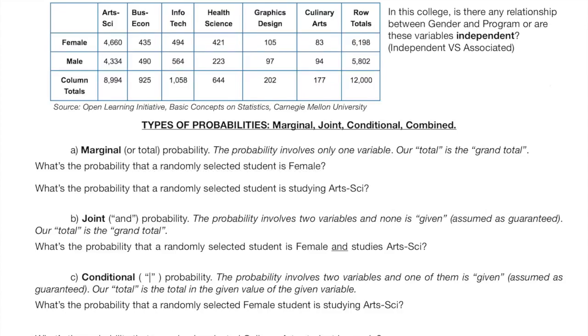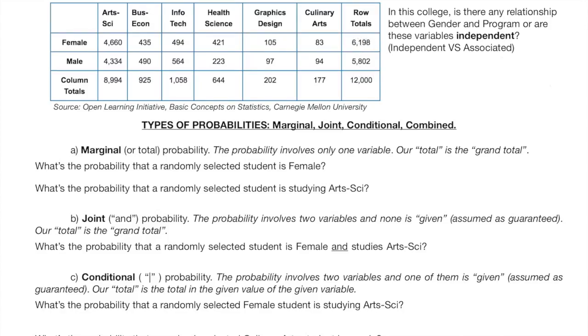Here you may think it depends on the program. There is one probability in art science, there is another in business economy, and so on. This is true, but we call this a total probability because the question is, if we consider all the programs together, in other words, if we forget about the variable program, if we look at all the students, what's the probability of randomly picking a woman?